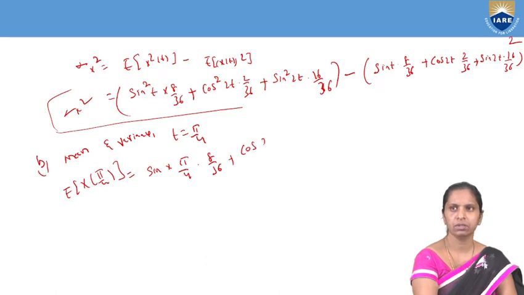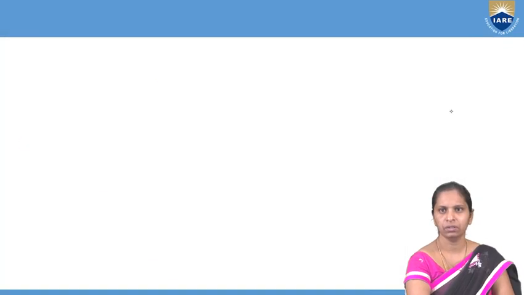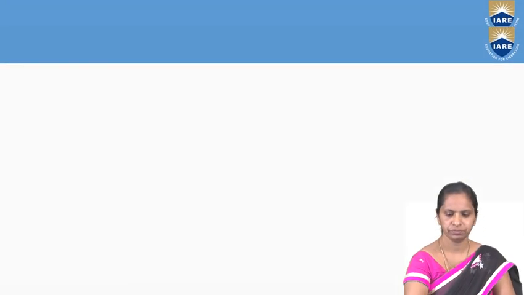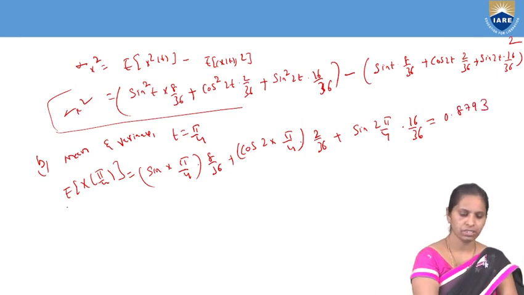So cos 2 into pi by 4 into 2 by 36, plus sin 2 into pi by 4 into 16 by 36. If I simplify this value, I am going to get the answer here: 0.8793. So this is the mean.